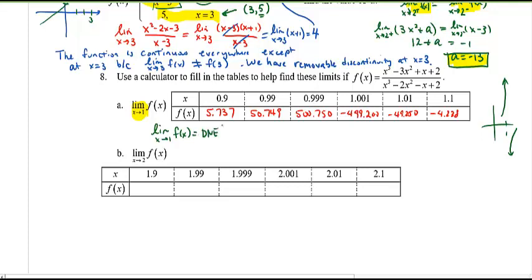Okay. And so now what I'd like you to do next is try for B. See if you can actually do this yourself now. So same function, plug in the values. You try this, plot the answers, predict what the limit is at x approaching 2, and then come back and check your work with mine. Go.